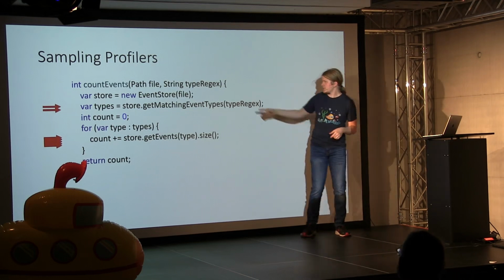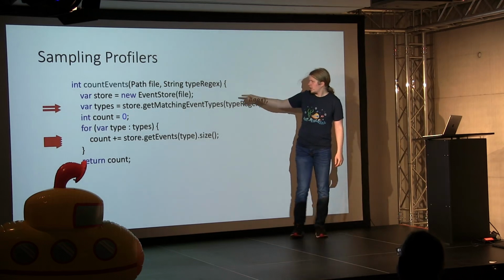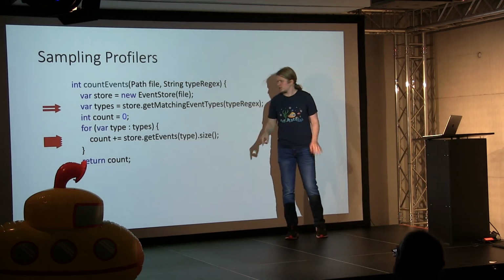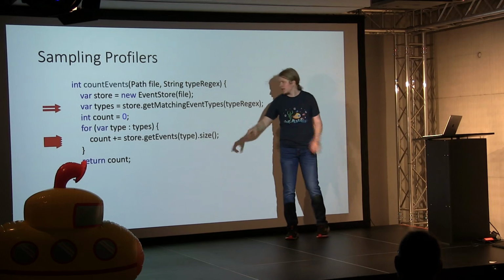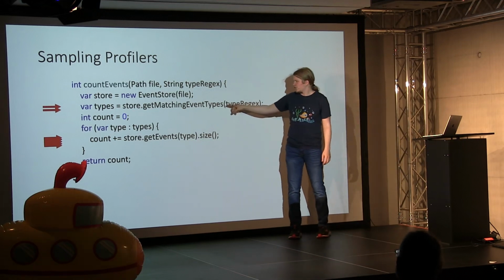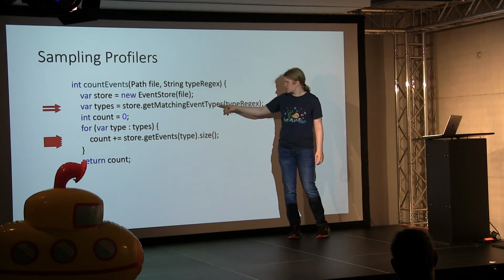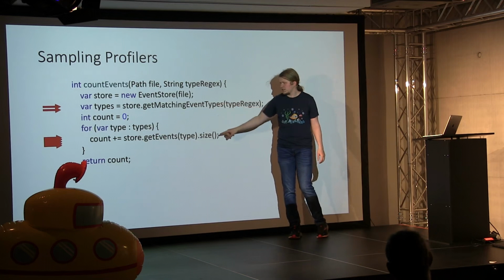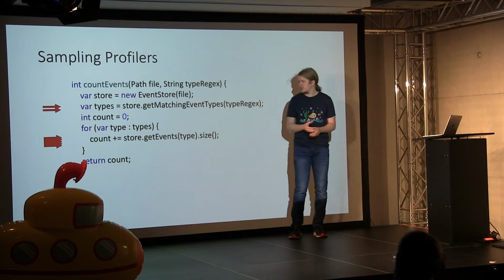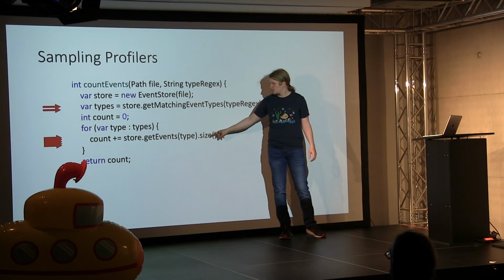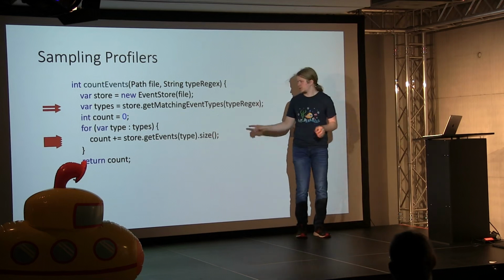And then we see that in around 2 samples here, we find that the method is executing get matching event types, and a lot more times, around 8 times here, we see that the stack trace includes get events.